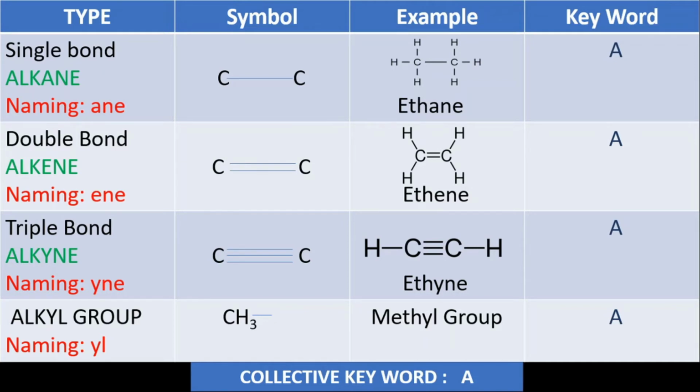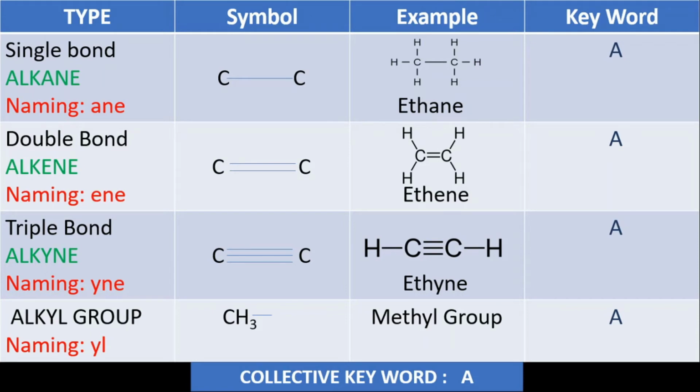For example, ethane. In ethane, the word eth represents that there are two carbons, and ane shows that they have a carbon-carbon single bond. The keyword to remember alkane is A.